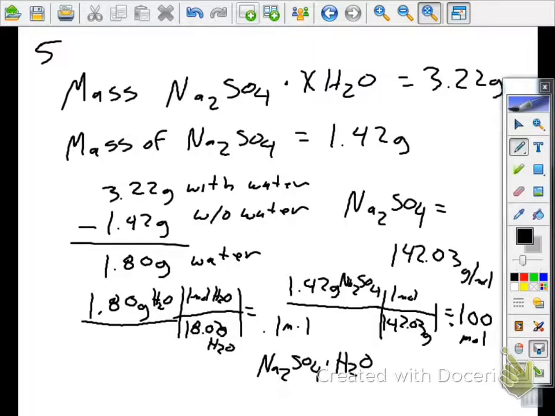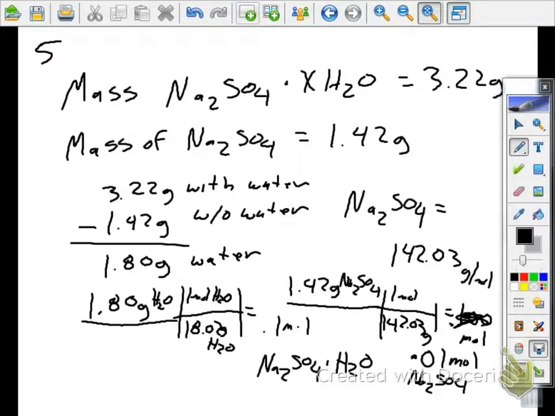I noticed that. The 1.42 divided by 142 would not give you 0.1. It would give you 0.01. So that's a mistake that can be made. Hopefully you won't make it. I did. 0.01 moles of the Na2SO4.